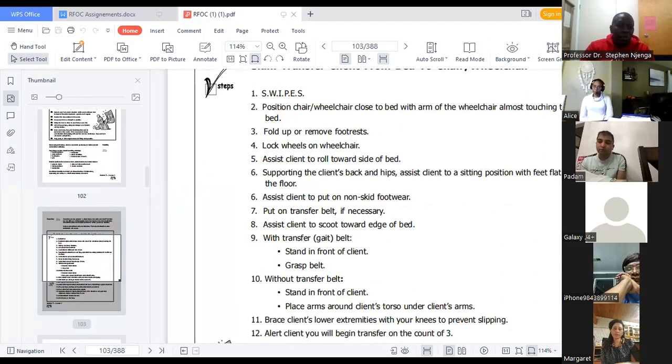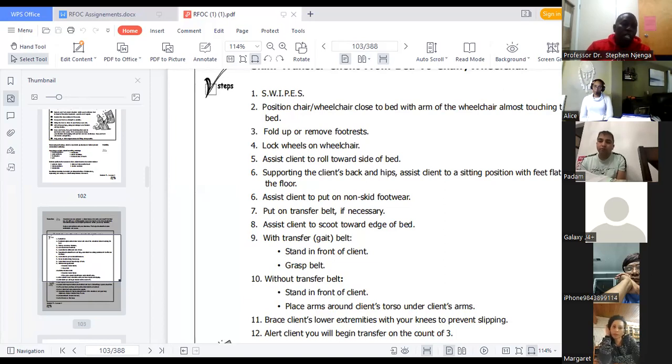Assist the client to scoot toward the edge of the bed with the transfer or gait belt. All these we're later going to do practically so that I can show you how to transfer a client from the bed to the wheelchair or from the wheelchair to the bed.